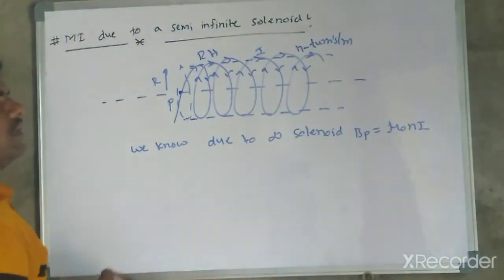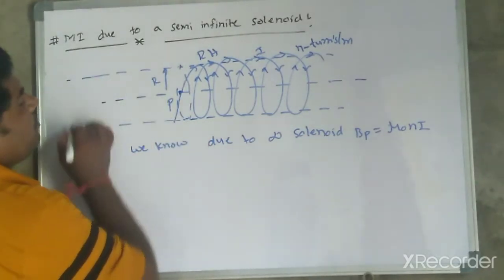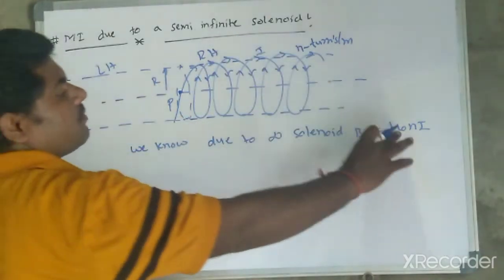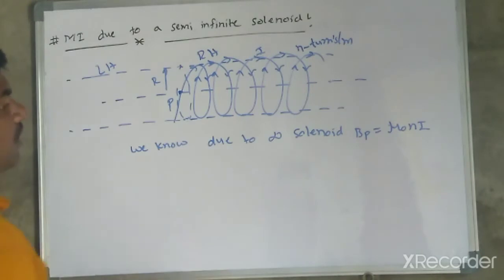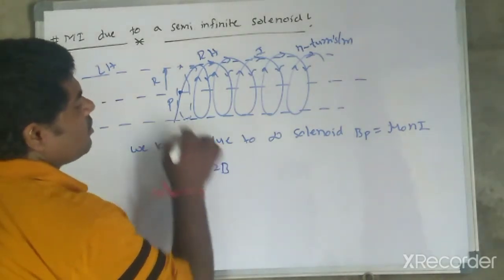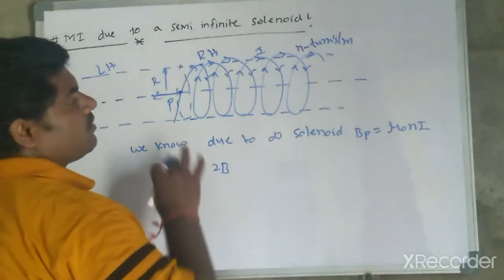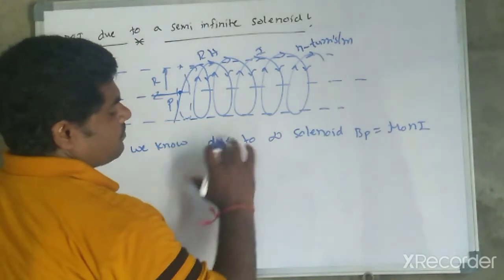Extended on the left side, this half plus this half is nothing but the full solenoid. Here we have only half, so the field is half, that is, the infinite solenoid gives 2 times this magnetic field. Whenever the current moves clockwise, this is the magnetic field direction.